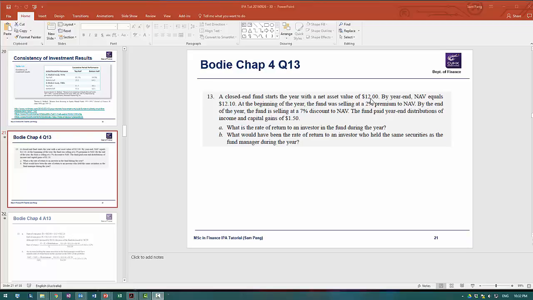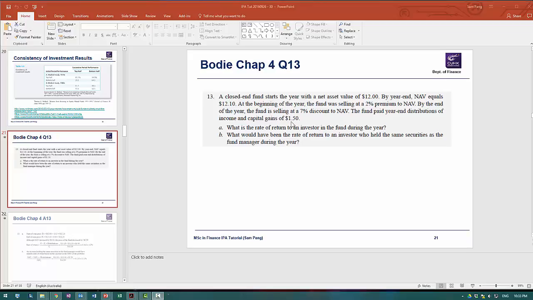So at the end of the year, I still have some stocks, and I have cash from the dividend income and also the buying and selling of those stocks, the realized gains, in other words, and the whole thing comes to $13.60, which is $12.10 plus $1.50. So this $1.50, you have to look at it that way.